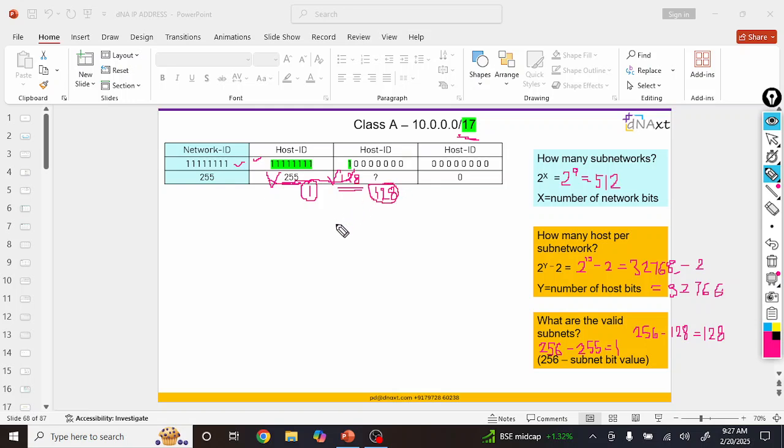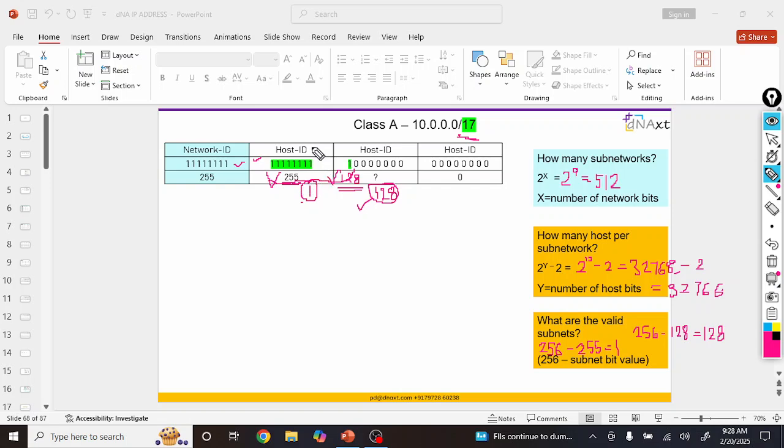So always remember, whenever we are doing increments while writing the subnets, first we do the increment in the third octet, followed by the increment in the second octet. This means we always go from right to left. I'll repeat, while doing the increments we always go from right to left, but while borrowing the bits we go from left to right only.